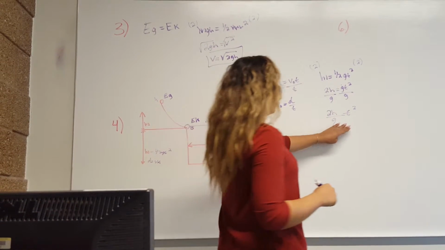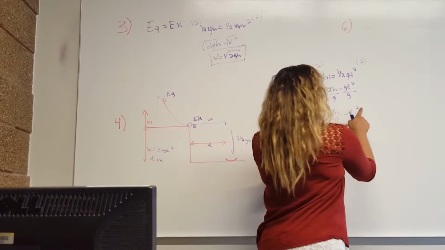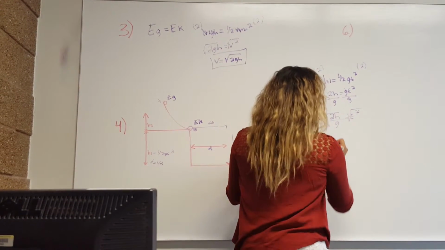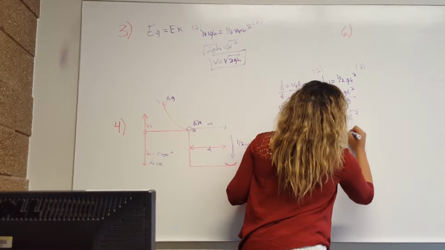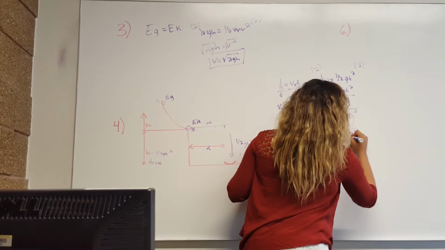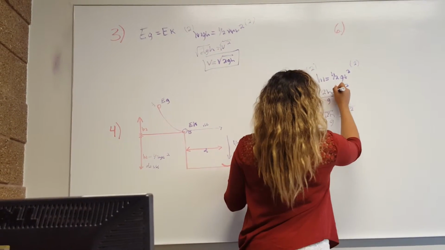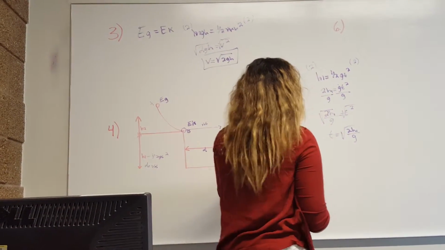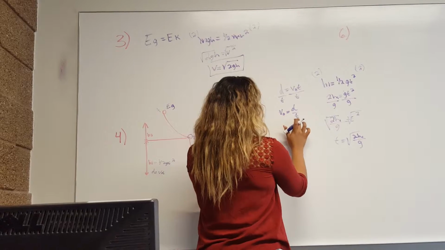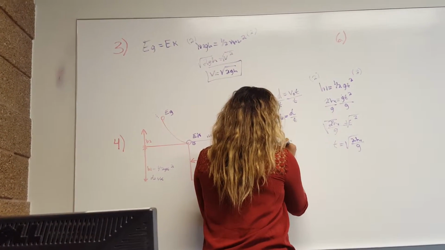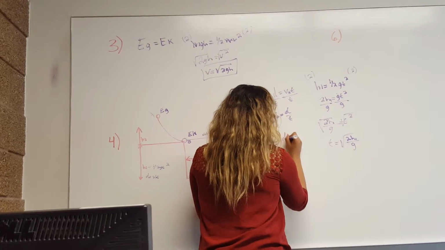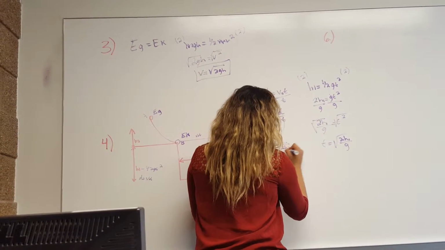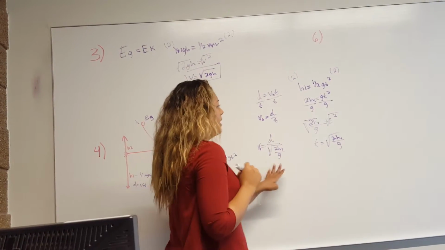So now you know what your t is. Oh, and then to get rid of the square, you have to square root. So then t equals square root 2H1 over g. So then you can plug that into t. So you have v naught equals D over square root 2H1 over g.